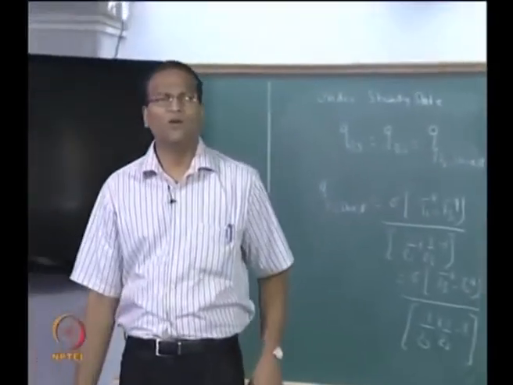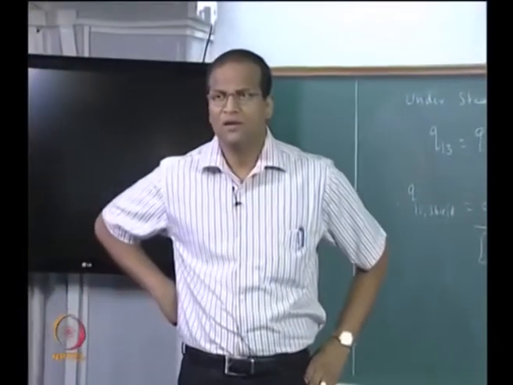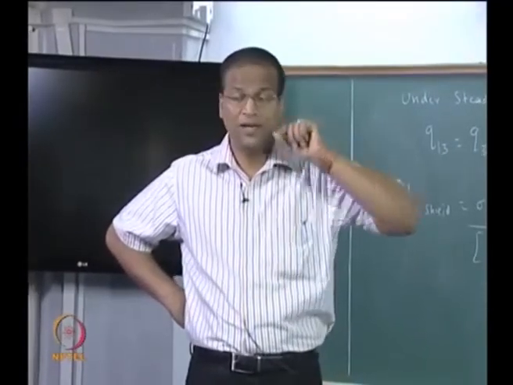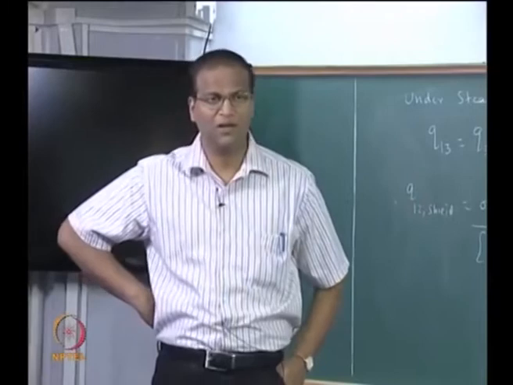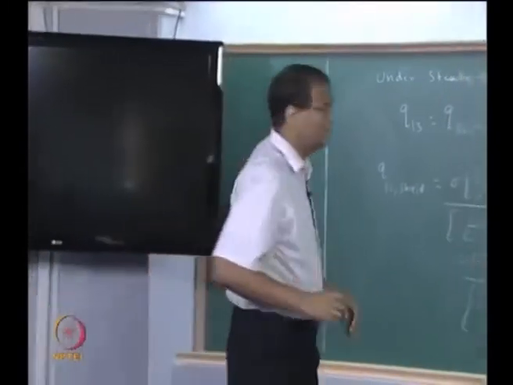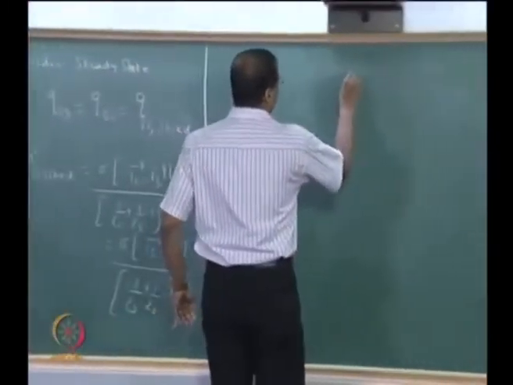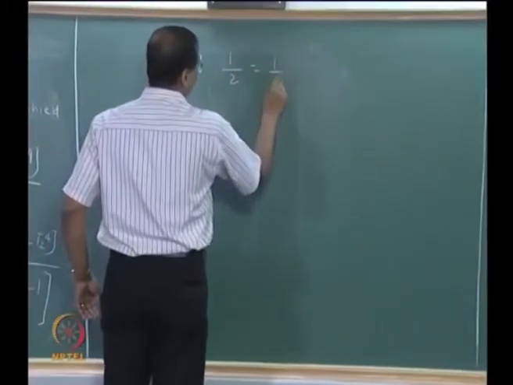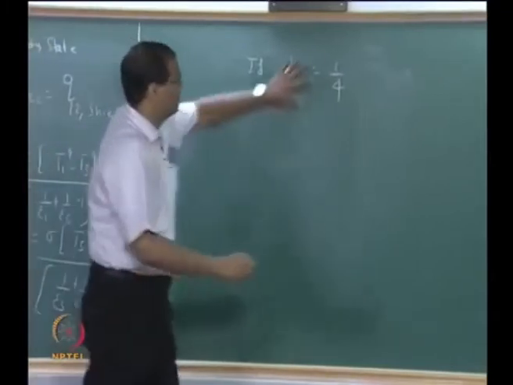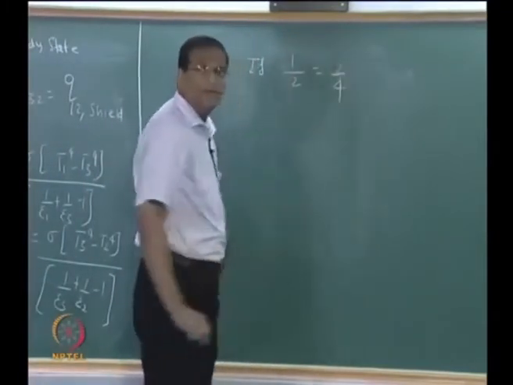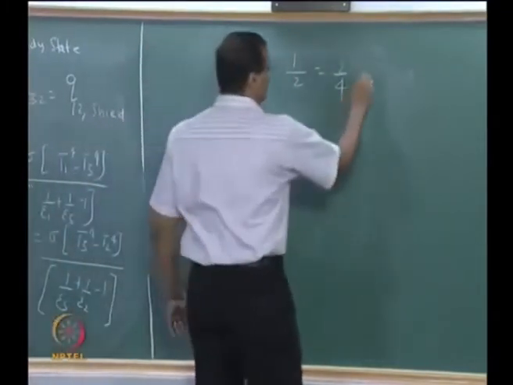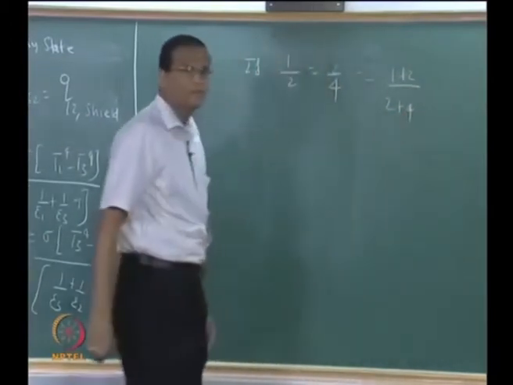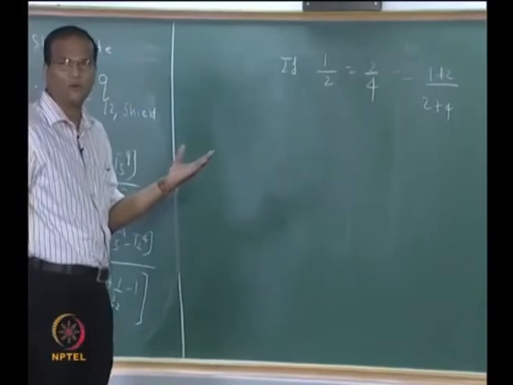Now you can do your mathematical manipulation and eliminate T3 and all that, but I have again a very cheeky way of doing it. So I will say, if a half is equal to 2/4, this is also equal to the sum of the numerators over the sum of the denominators, the dividend component rule.